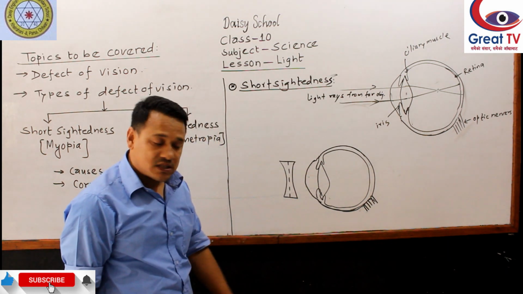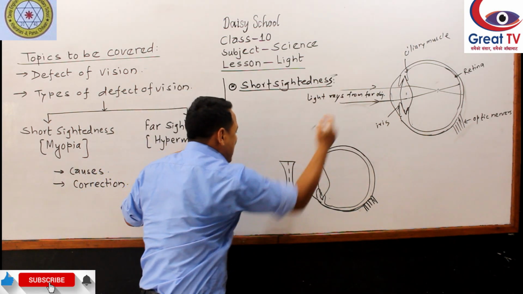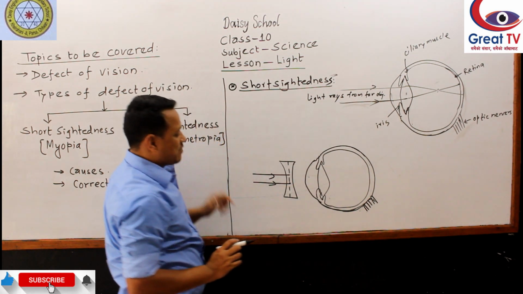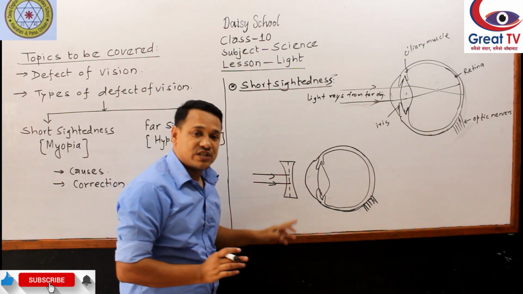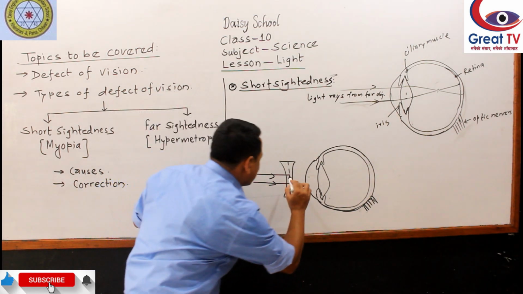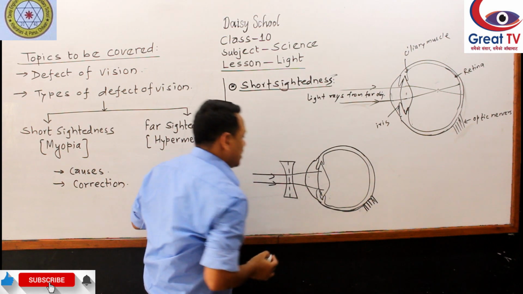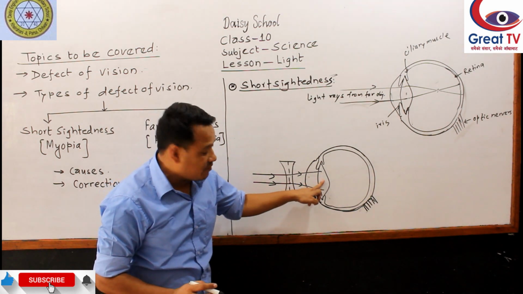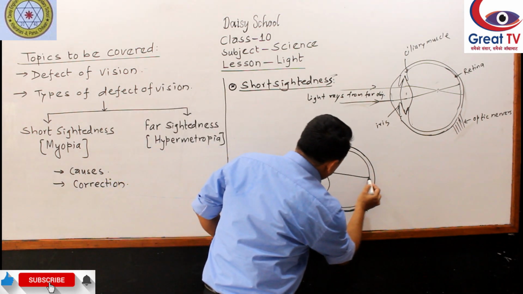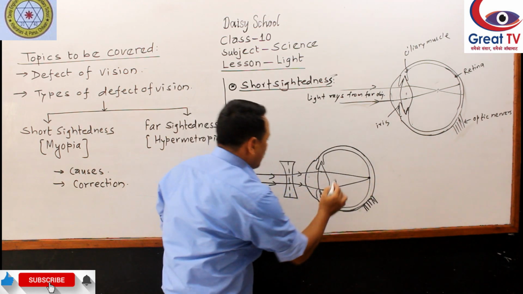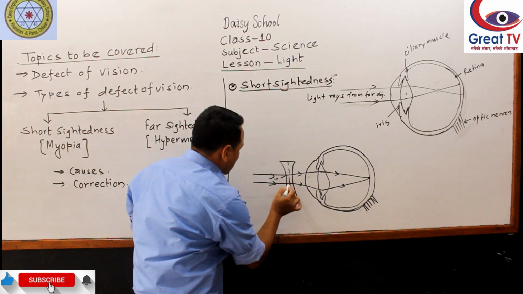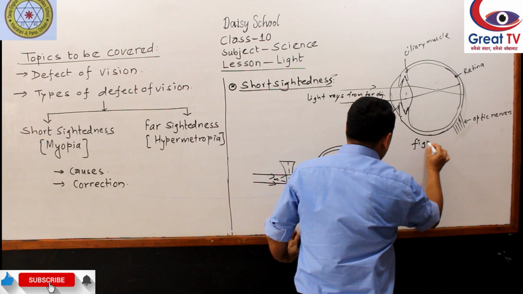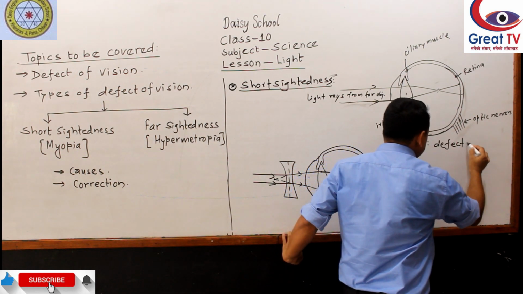If we use a concave lens as spectacles, then light rays from the far object are diverged by the concave lens. Concave means a diverging lens. So it diverges the light rays onto the eye lens, and the convex eye lens converges the light rays at the retina, because of which we are able to see. This is the defective diagram of short-sightedness, and this is the corrected diagram.